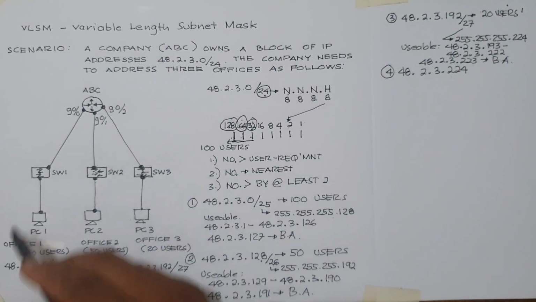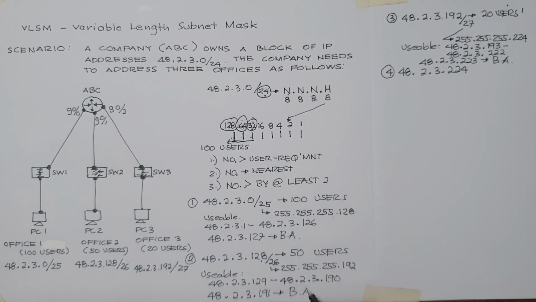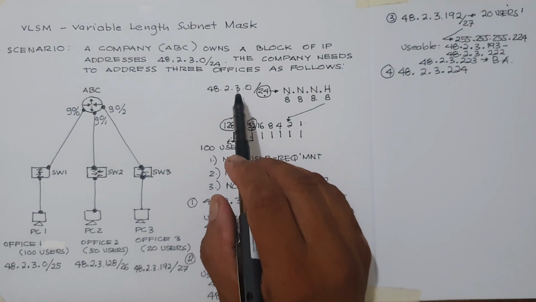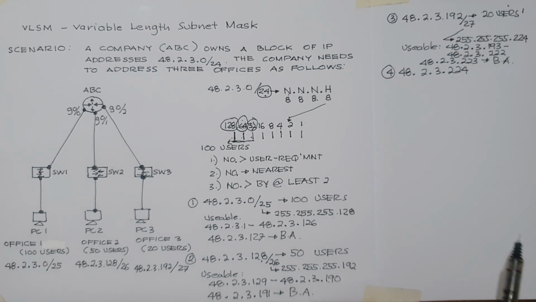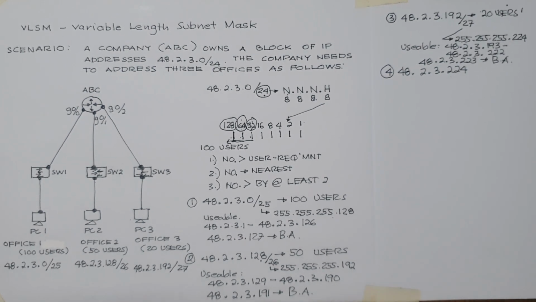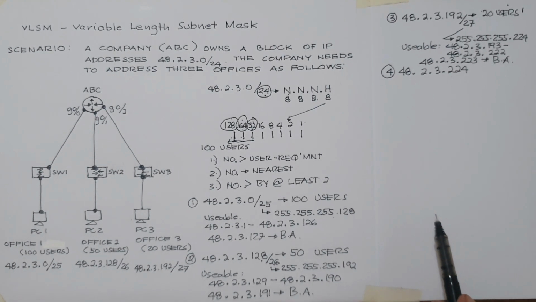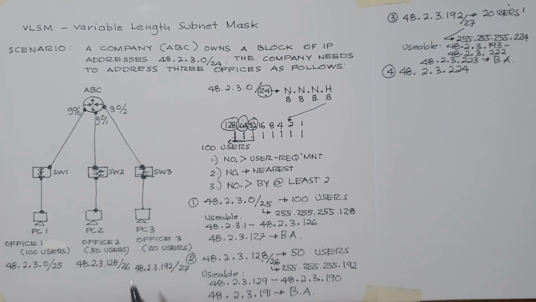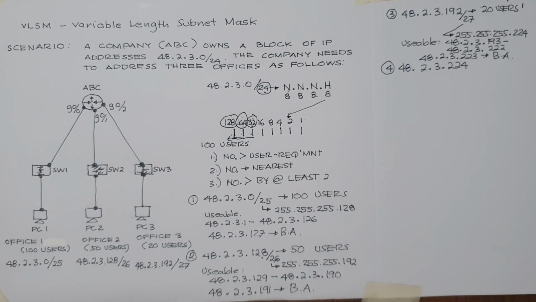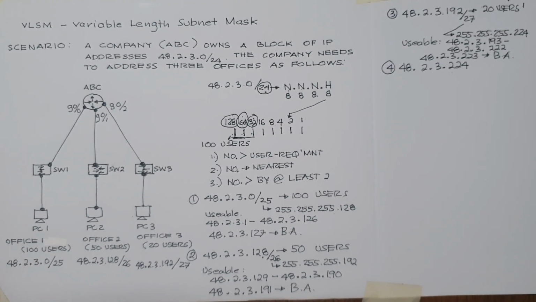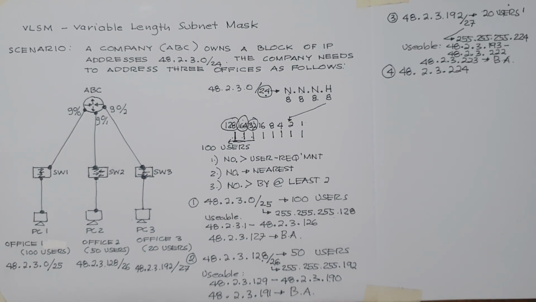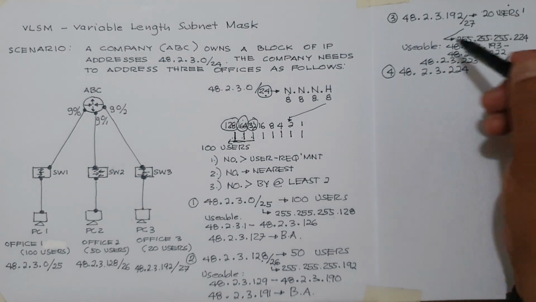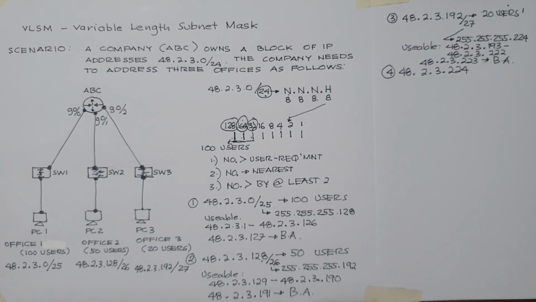Okay, so here we were able to divide this network into different subnetworks that are enough to support the requirements. Okay, let us now try to simulate this, so that we can check the validity of the procedure that we just took.